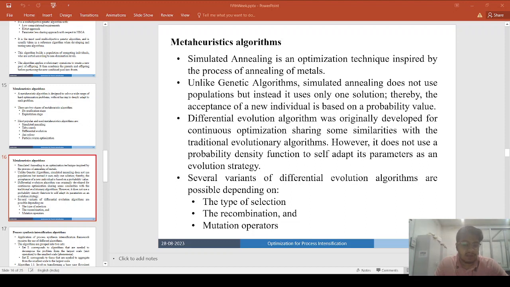Now, unlike the genetic algorithm, simulated annealing does not use populations, but instead uses only one solution. Thereby, acceptance of a new individual is based on a probability value. So it solves for a given objective function, but takes the other objective functions into account only as a probabilistic value.